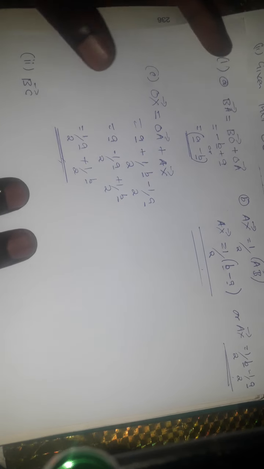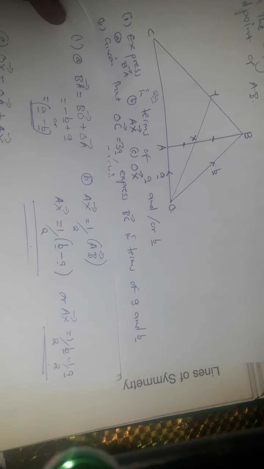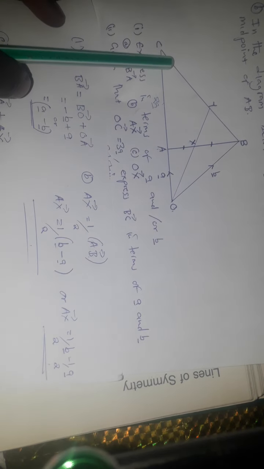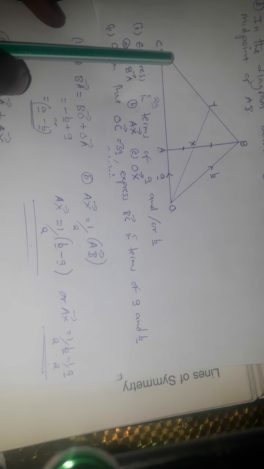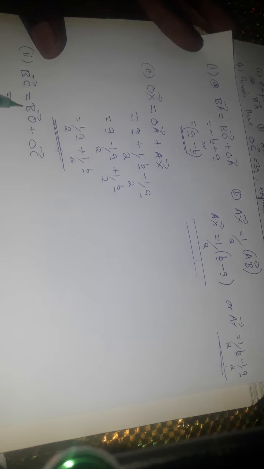So our BC, looking at the diagram, the vector BC will be gotten by moving in this direction. BC is the same as BO plus OC. So that is what we are going to indicate. So we are saying BC will be equal to the vector BO plus OC, the vector OC.